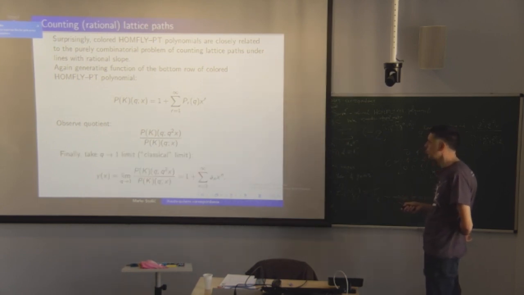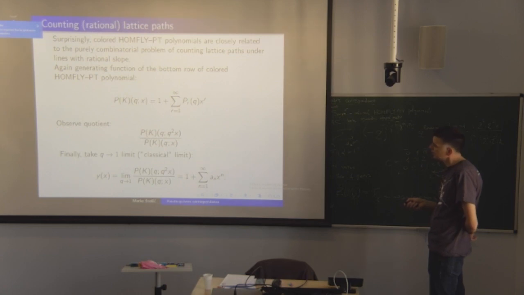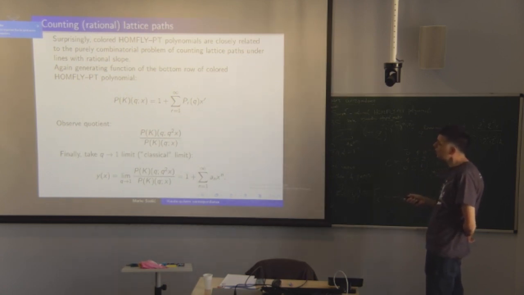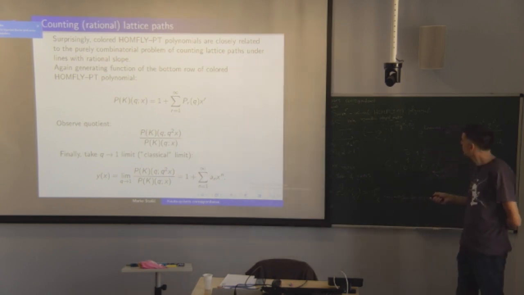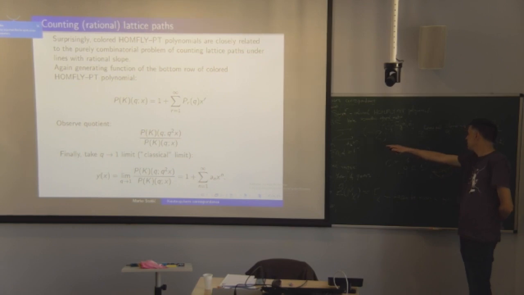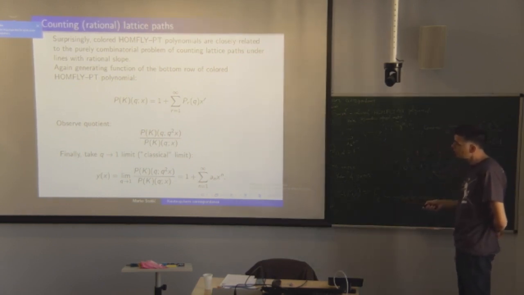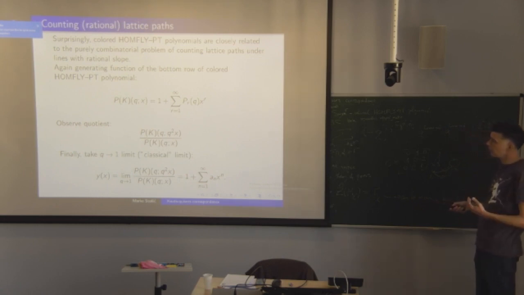I care only about classical limits. This is something that mixes all colored polynomials, but in a very useful way. Again, these are the P_k(q), and you can write it in a nice way and get some coefficients. The point is that these coefficients are now naturally stratified through the quivers that correspond to this knot.